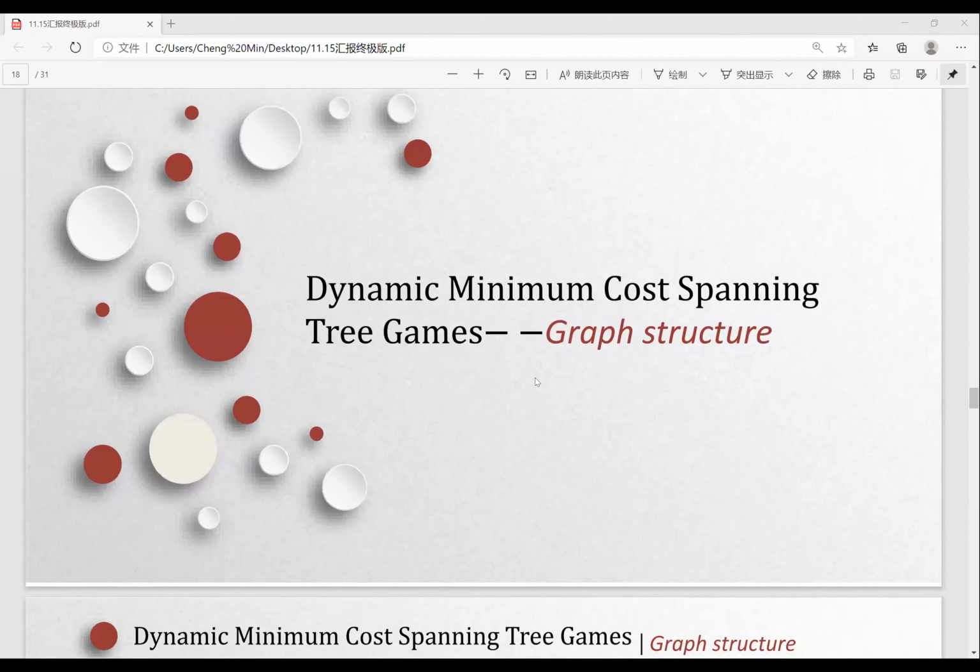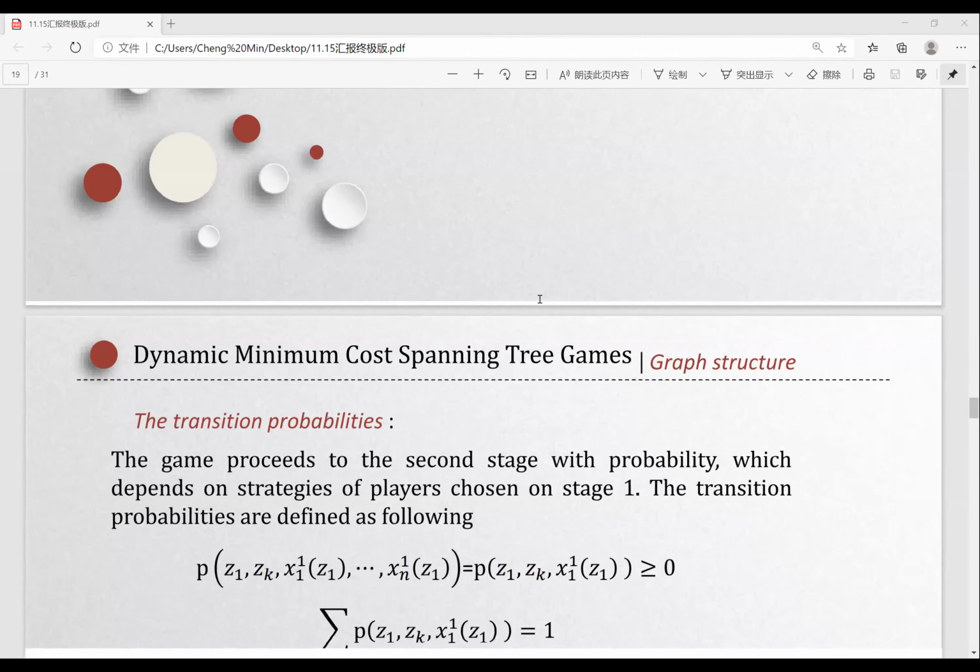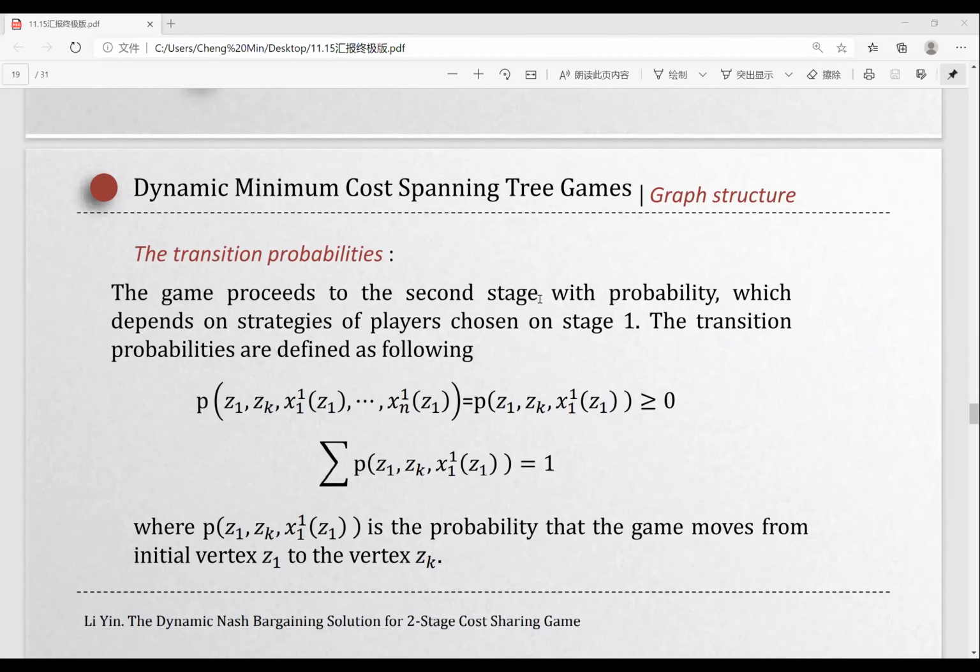Now we talk about the dynamic minimal cost spanning tree game. It has two situations. One is about graph structure. The other is about the player's choice. This is the case considering the structure diagram in Lin's article, the dynamic Nash bargaining solution for two-stage sharing game.